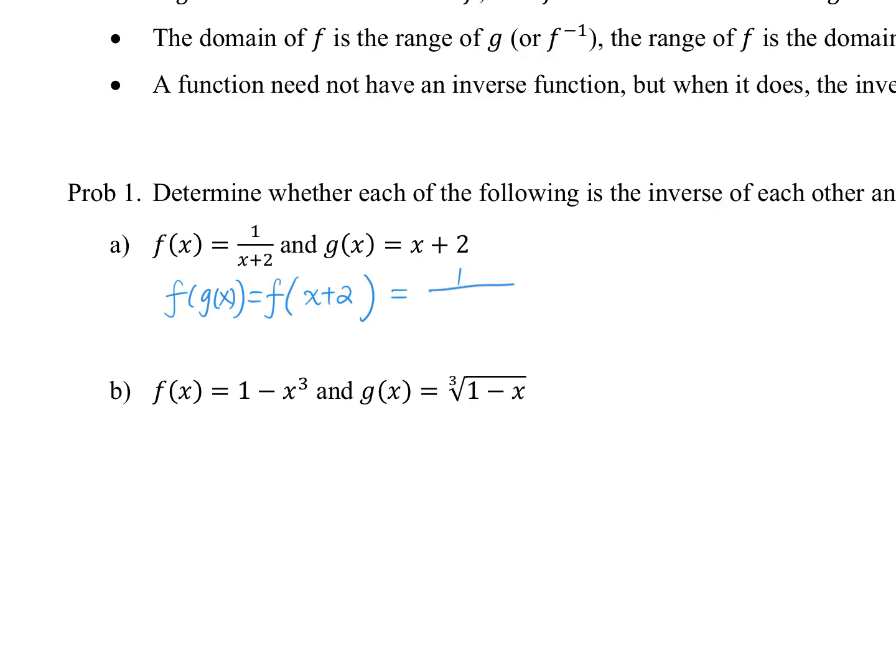Therefore, we have 1 over x plus 2, and then plus 2. And we get 1 over x plus 4. We can see this is not the same as x, and we really don't have to continue. This already tells us that they're not inverses of each other. So therefore, we can conclude they are not inverses of each other.